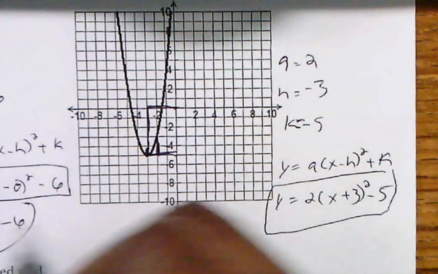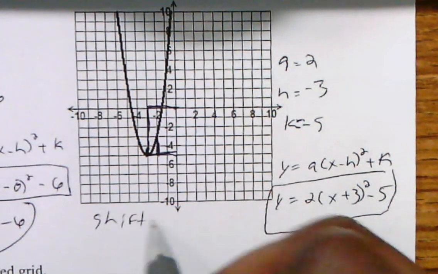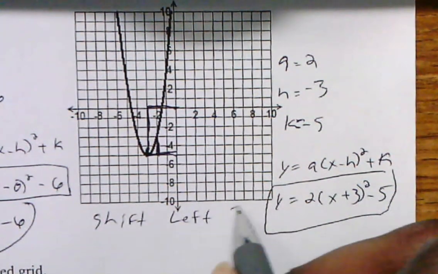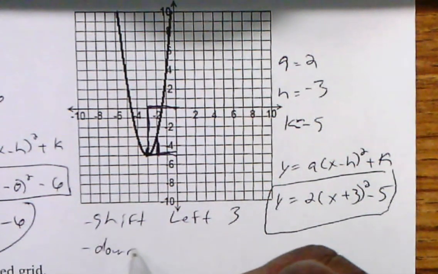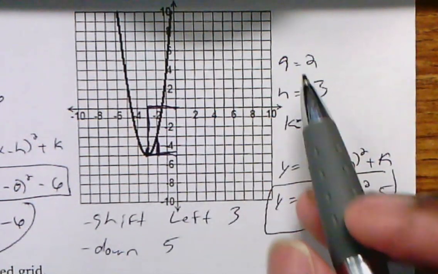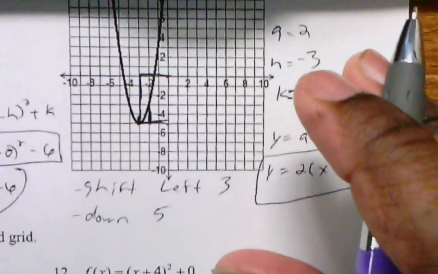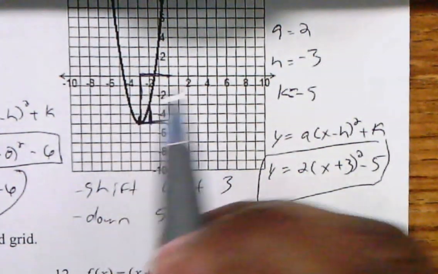It's a shift left 3, down 5, and because A is 2, that is a vertical stretch. It makes a narrower graph, like the graph is skinnier.